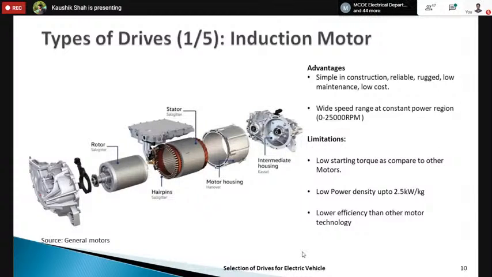But just to give you a gist of it, if you look at induction motor, this is a pretty old technology which was used earlier in the industrial segment very well. It's pretty robust and rugged. You can look at the picture; the only difference when you put it in automotive is the vibrations. Because of the road vibrations, your bearing and other selection should be such that it can withstand it.